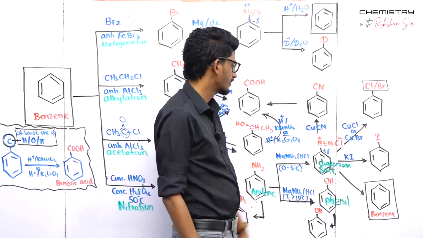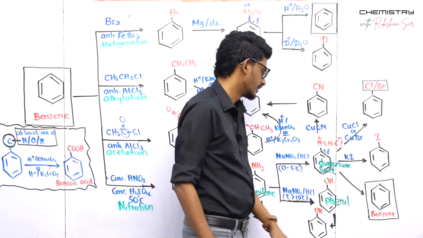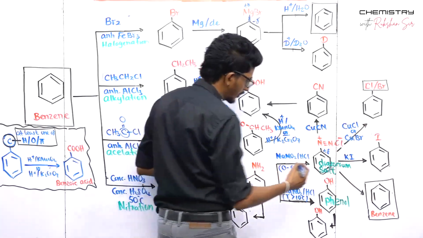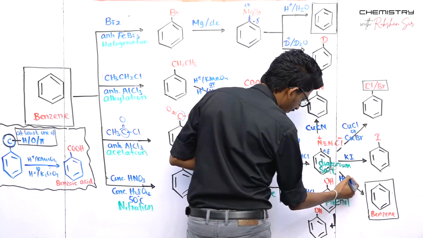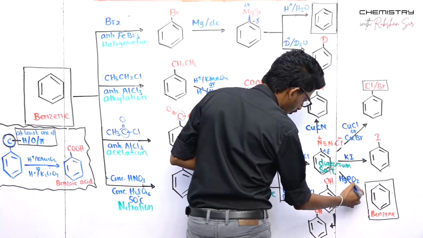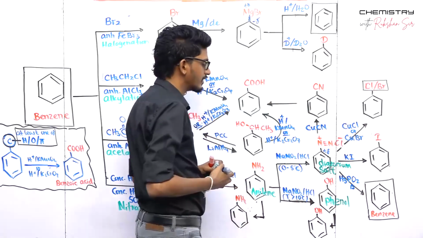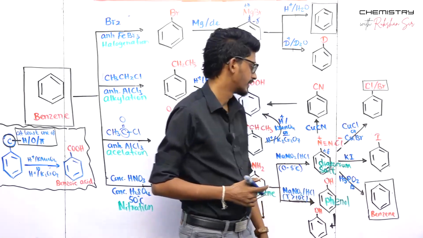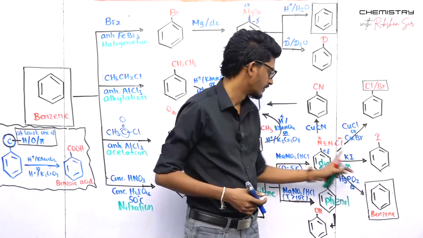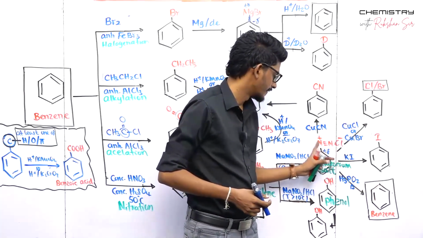With the diazonium salt, you can produce benzene again. For that, what you need to add is H3PO2. If you add H3PO2 and heat, you will get the benzene from the diazonium salt. Just some hydrogen will connect, leaving this part.